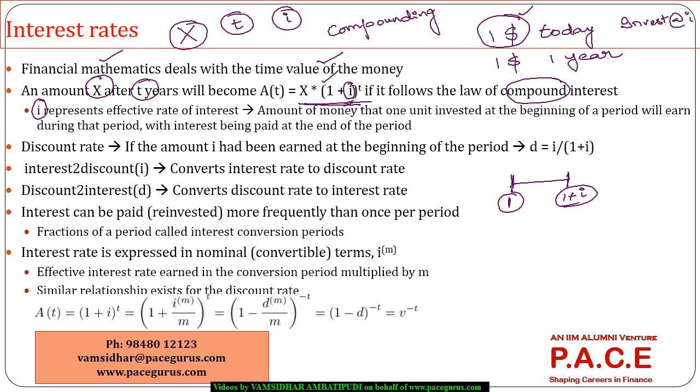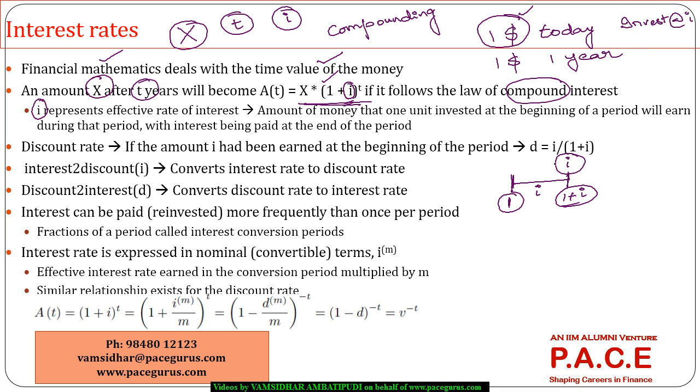This i is what we call the effective rate of interest. That excess that I get during the period, when one single unit invested at the beginning becomes 1 plus i at the end, is what is typically called the effective rate of interest. So the interest here is i, which I would receive at the end of the period.